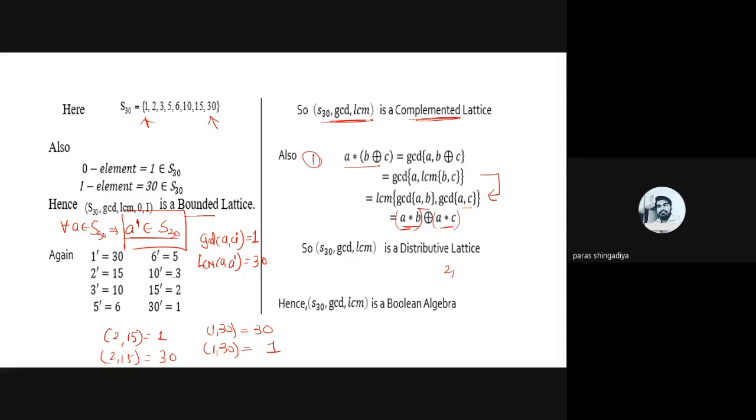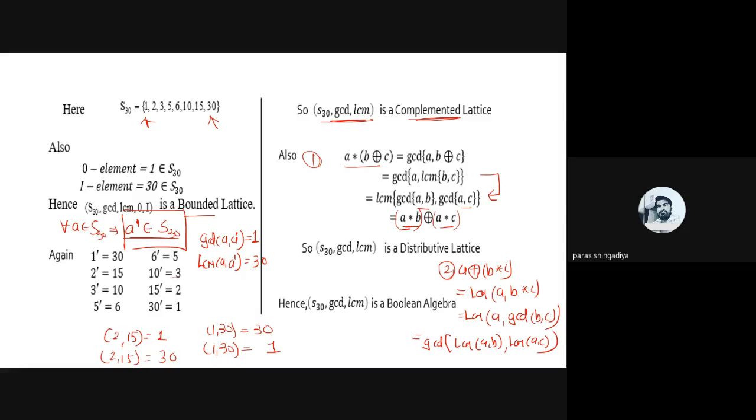And let us prove the second one: A ring sum B star C. So that is equal to the LCM of A comma B star C, and B star C means GCD of B comma C, and we have a direct formula for this case, equal to GCD outside, and in the bracket use the LCM with the pair A comma B and with the pair A comma C. Clear?